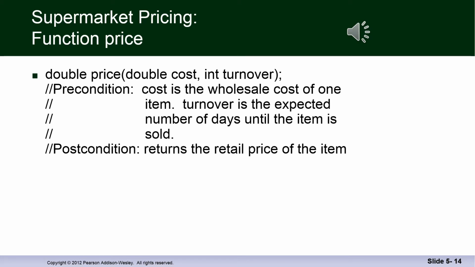Precondition: cost is the wholesale cost of one item. Turnover is the expected number of days until the item is sold. And the postcondition returns the retail price of the item. Now notice we don't want to change the wholesale cost of the item or the turnover, or the expected number of days for which it will take to sell. So those are call by value parameters.